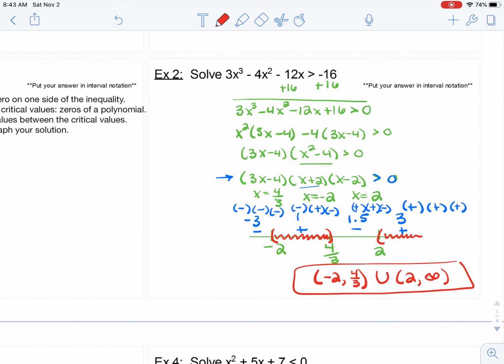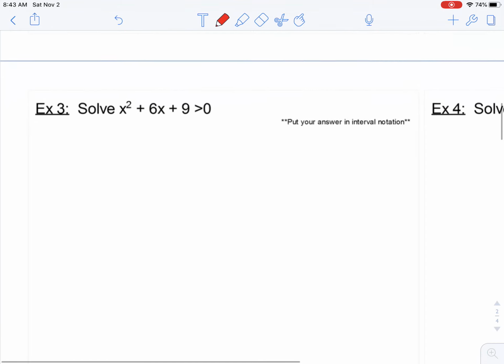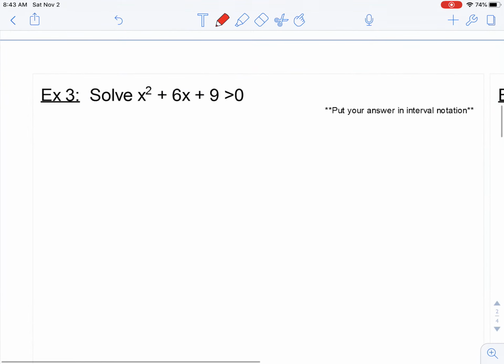All right, let's look at example 3. Example 3 says solve x squared plus 6x plus 9 greater than 0. So if I was to factor the left-hand side, because the right-hand side is already 0, we would get x plus 3 squared greater than 0.